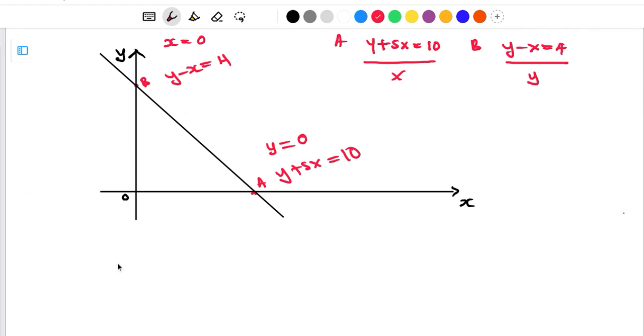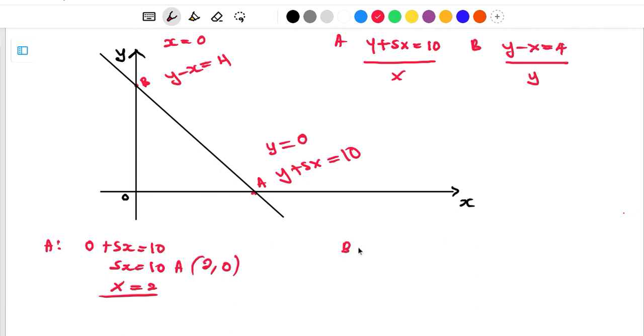Let me start with A. For A, we have y equal to 0, so I can put 0 here. Then my value of x is going to be 2. In terms of coordinates, x is 2 and y is 0, so it is (2, 0). This is for A.